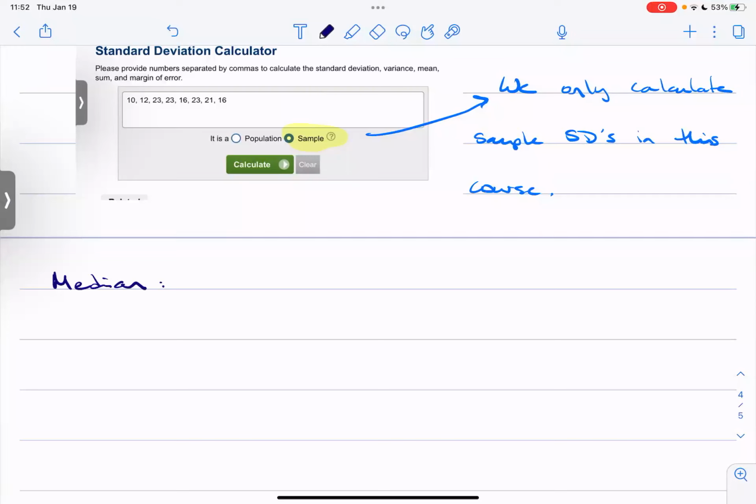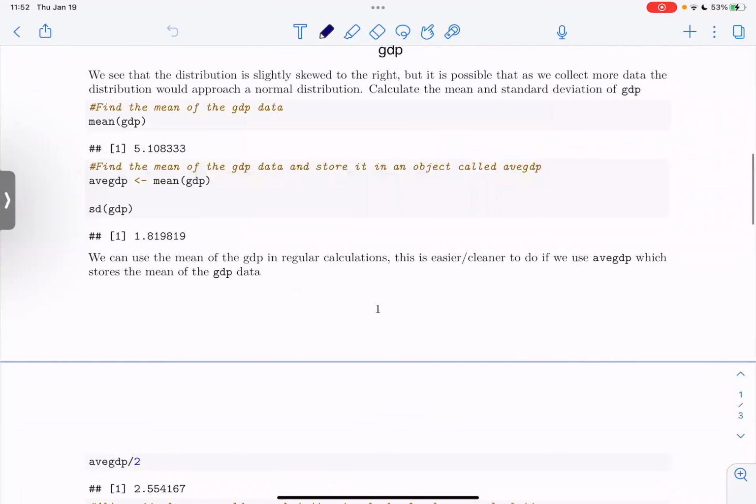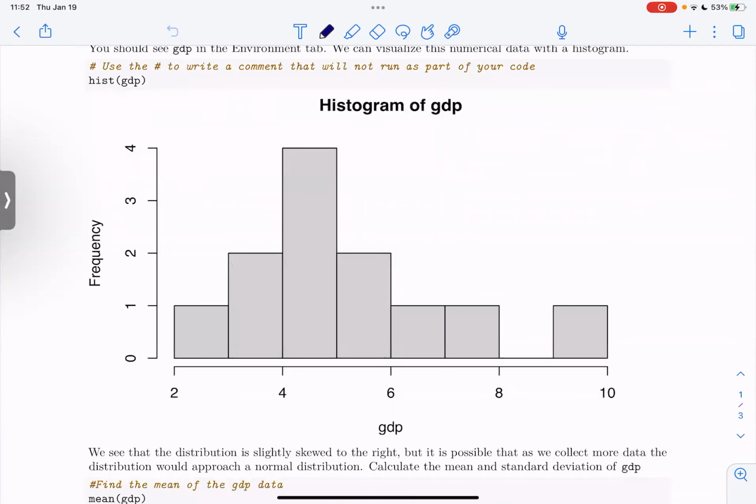Okay. And even looking at, if I go back to here, I've got this histogram. Now, before you tell me that it's skewed, I highlight that we have a very small sample size, right? And so we have a size of 12.